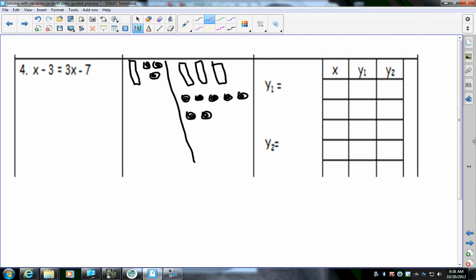So on number 4, I draw a line at my equal sign. Remember, my x's have to go to the left. So positive x's, 3 of them. I'm going to draw 3 negatives. And what I do to one side, I have to do to the other.